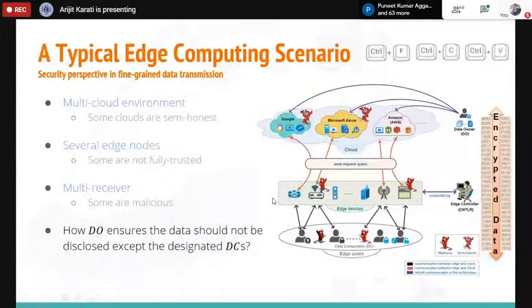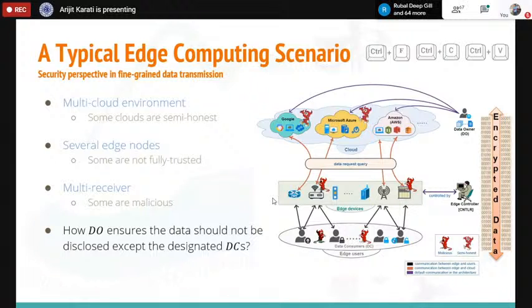We can see how the data owner, or the data producer, ensures the data should not be disclosed except to the designated data consumer. So what do you mean by designated? This is also a technical term.